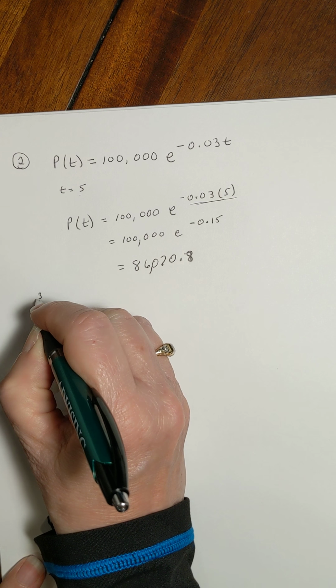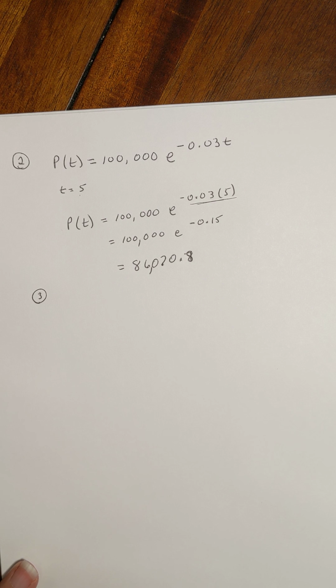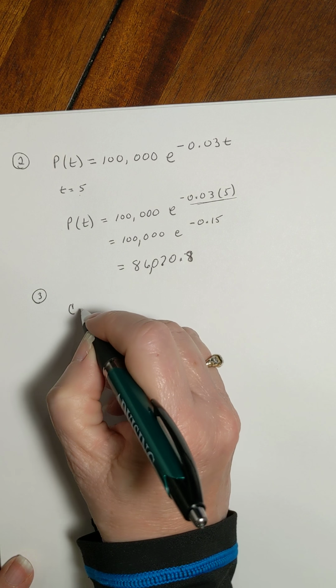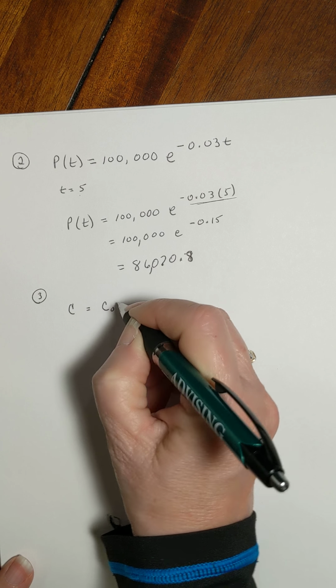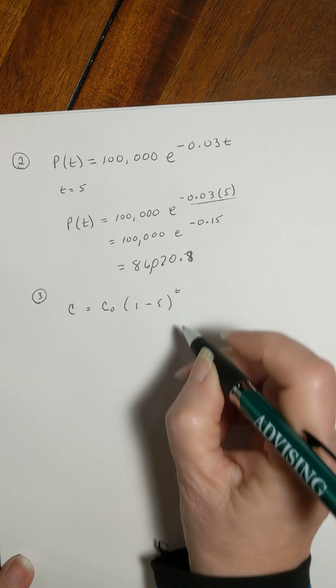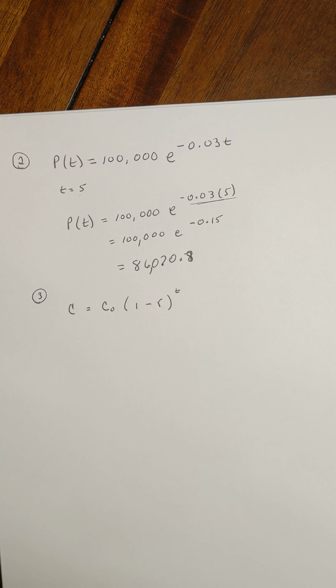Okay? Problem number 3 says that there is a cost function. And notice that this is negative, so the cost is going down. This is a depreciation, like, let's say you buy a boat and you can write it off on your taxes.